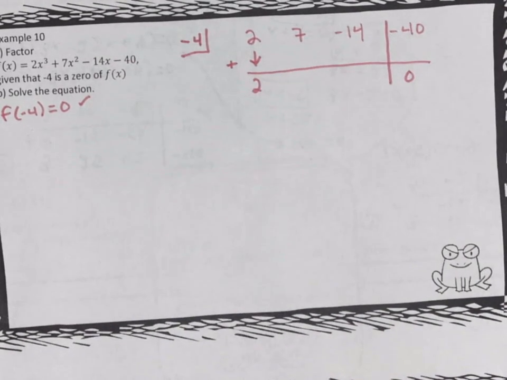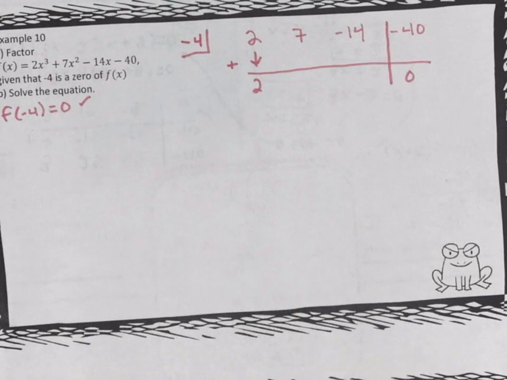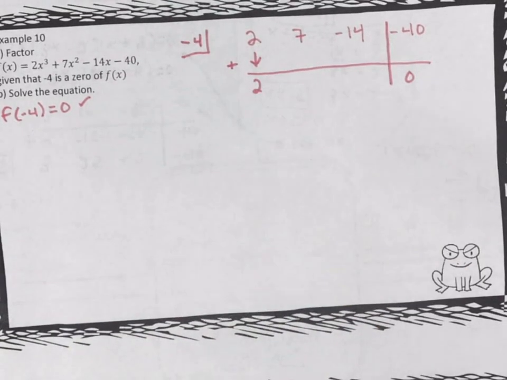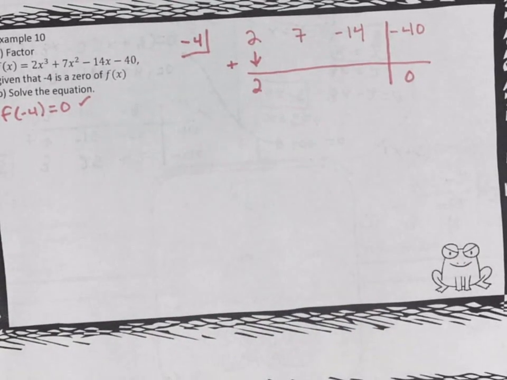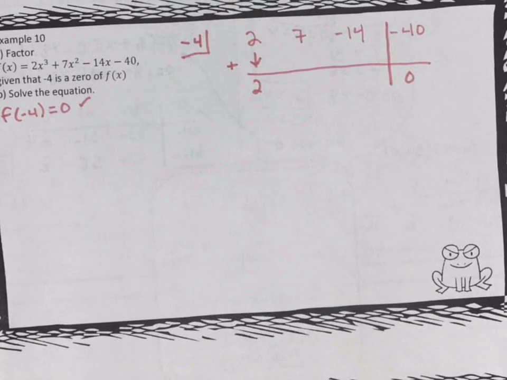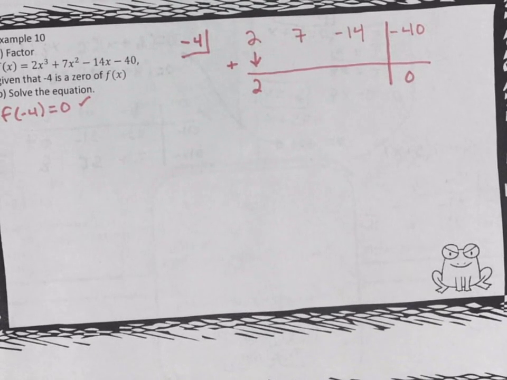Negative 2 is one too? Okay. So do synthetic division on one of them, and then do it again. And then what you should get is it solved, because it's only to the 3rd power.